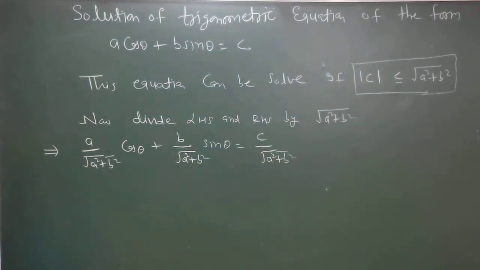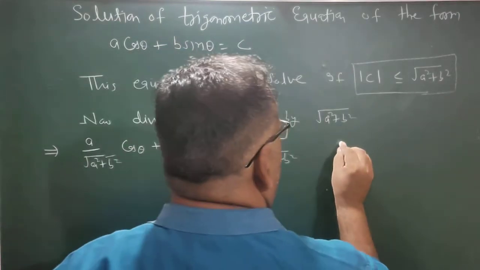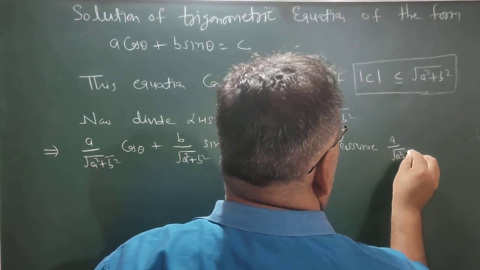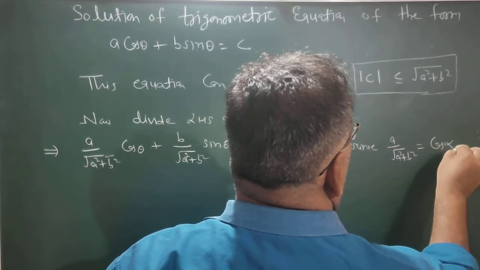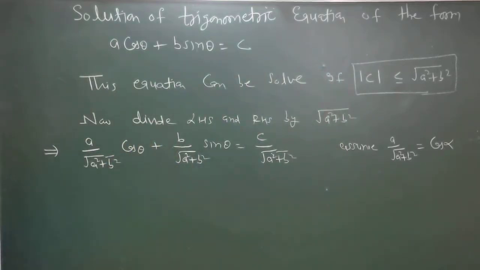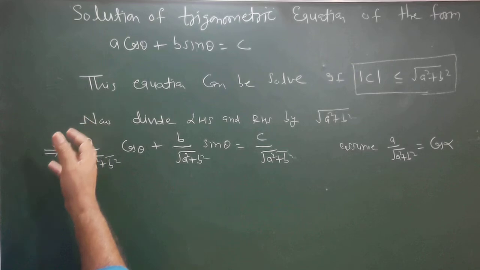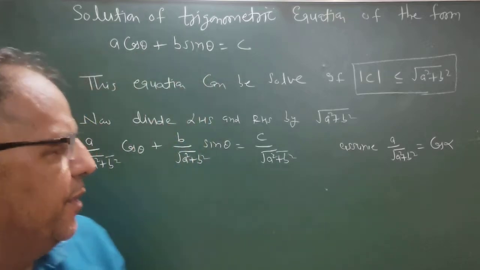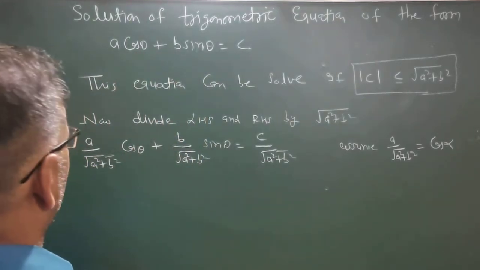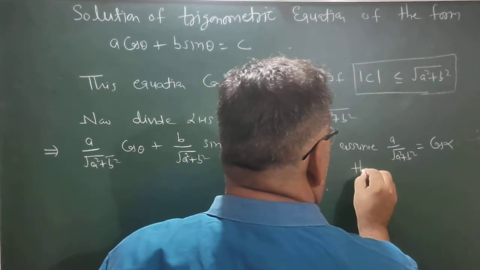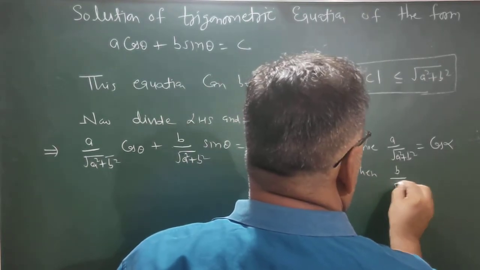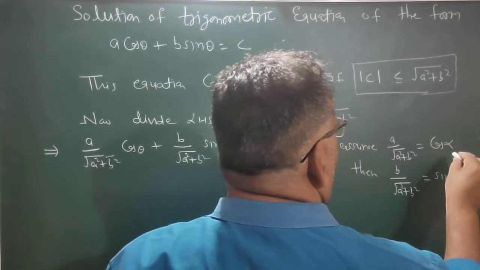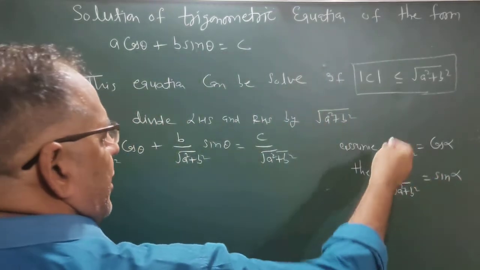After the divide by under root of A square plus B square, assume A upon under root A square plus B square equal to cos alpha. You can also assume it as sin alpha. We want to convert left hand side in the form of the identity cos A plus B, cos A minus B, sin A plus B or sin A minus B. So take A upon under root A square plus B square equal to cos alpha, then automatically B upon under root A square plus B square becomes sin alpha, because cos square alpha plus sin square alpha equal to 1, so they satisfy the property.